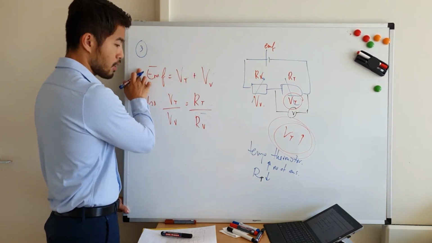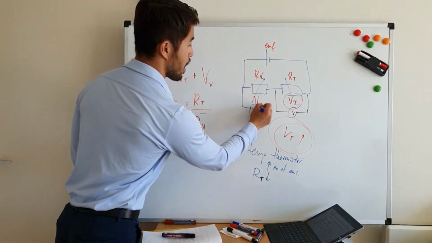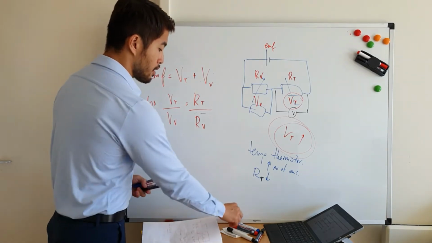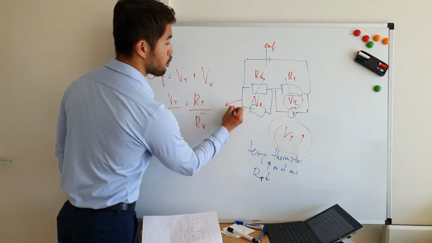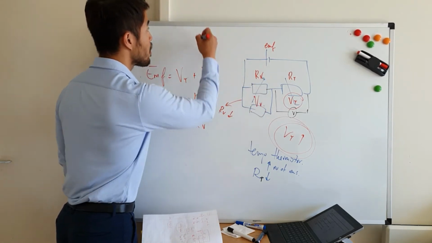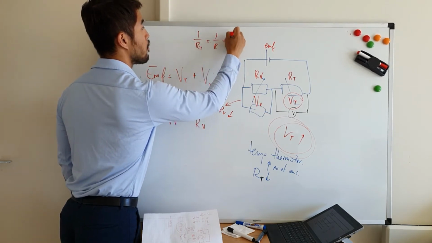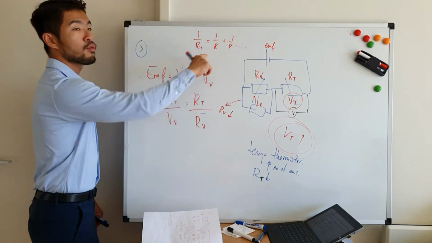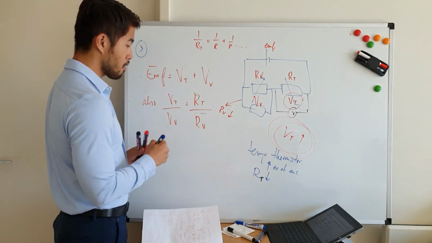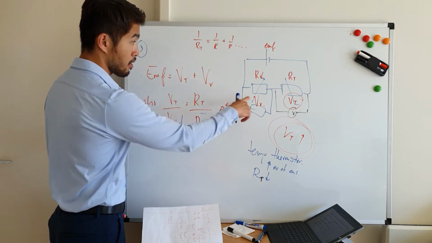Okay, the last one is adding a resistor across the variable resistor. So they are asking us to do this. When you add a resistor in parallel, the resistance will always decrease. As you add more resistors, 1 over R total equals 1 over R1 plus 1 over R2. Whenever you add one, it will always decrease. So RV is going to decrease. If RV decreases, VV is going to decrease as well, the voltage that is in this part.